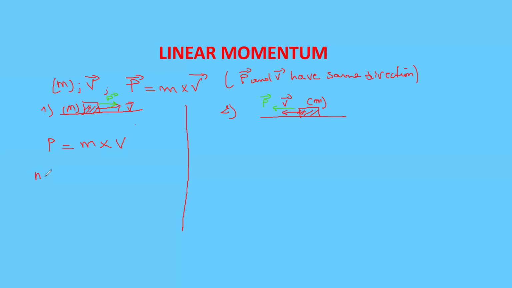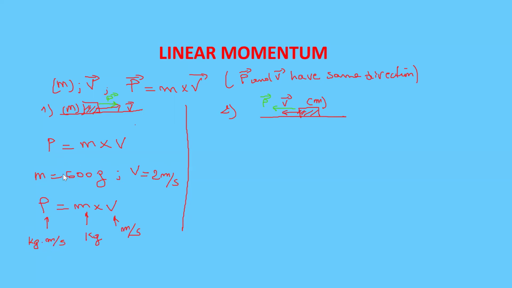For example, if I have m equal 500 grams, and the velocity is equal to 2 meters per second, then in the international system the mass must be expressed in kilogram and the velocity in meter per second. So the momentum is in kilogram meter per second.